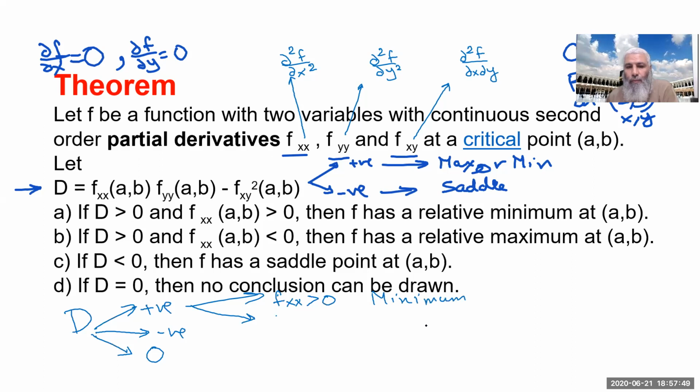If fxx is less than 0, the point is a maximum. If D is less than 0, negative, the point is a saddle. If D equals 0, no conclusion.